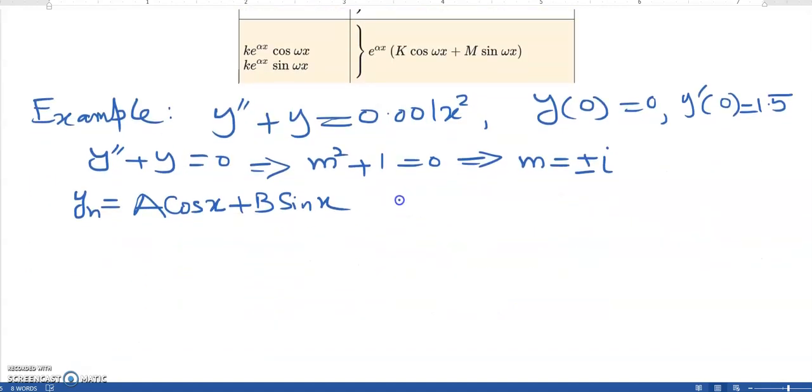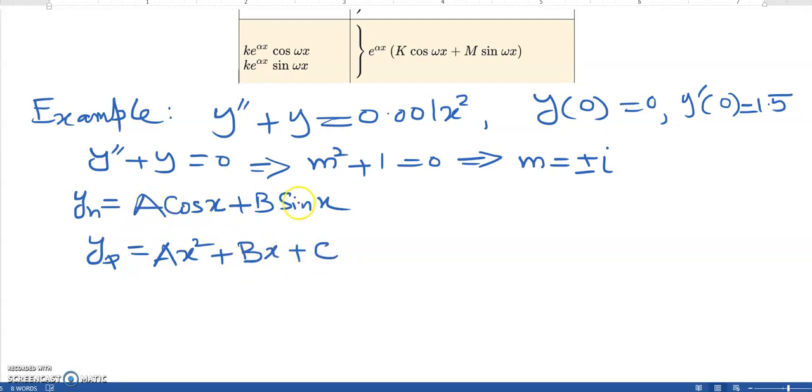For the matter of undetermined coefficients, we can assume some undetermined coefficients for the particular solution of y. Let me show you that the particular solution we can represent in the form of this r(x): it will be a x square plus b x plus c.